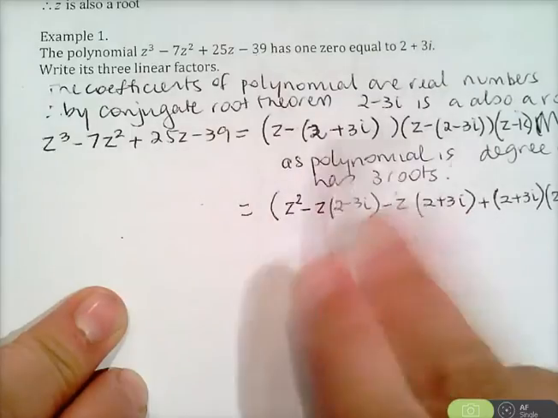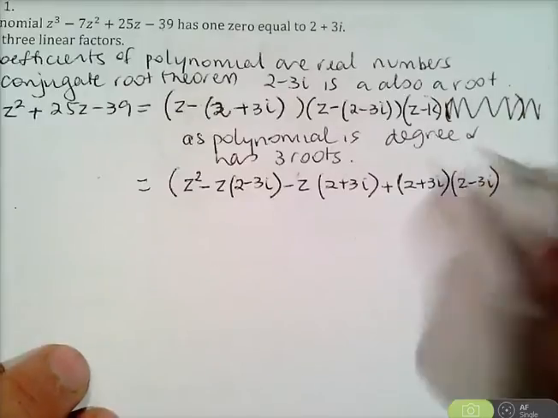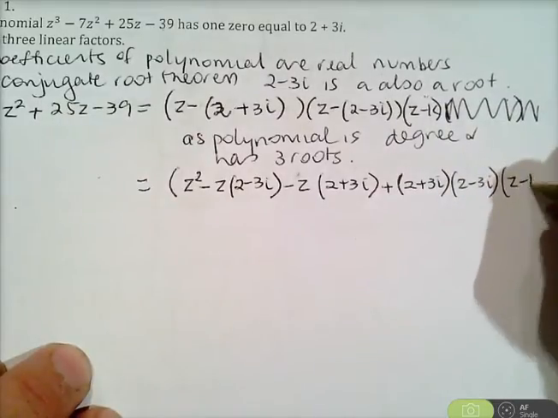So we've expanded these first two brackets, and we have not yet multiplied by the z minus k here.